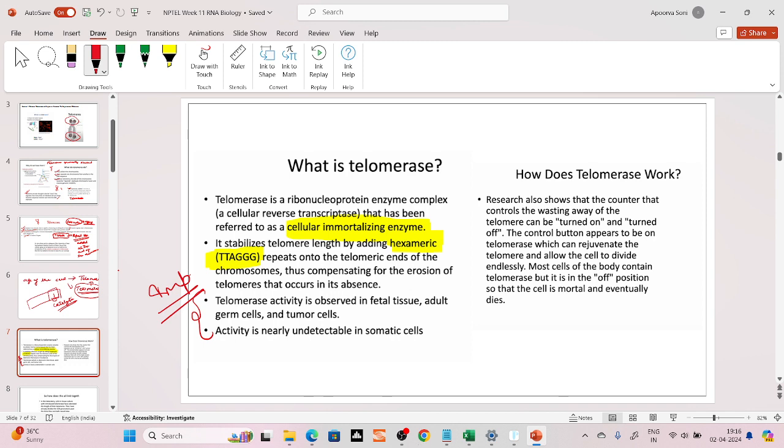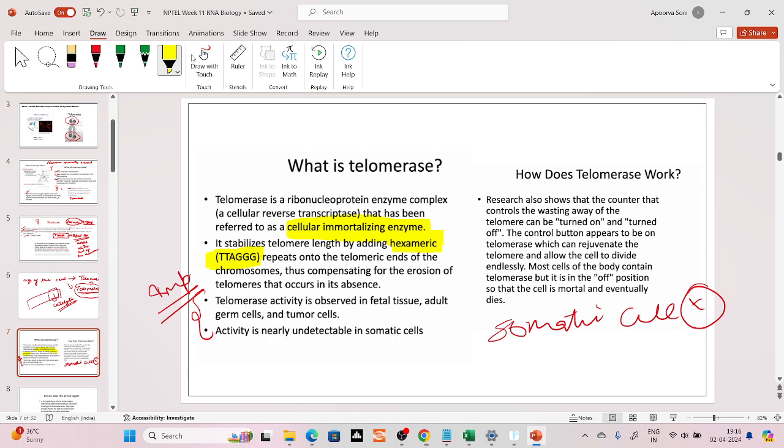Activity of telomerase is not detected in somatic cells, but it is detected in tumor cells and in germ cells. So that is why there is an age up to which a somatic cell can divide. But tumor cells are immortalized. They can divide for an indefinite period of time. Germ cells and stem cells can also divide, and they have telomerase activity that can compensate for the loss of the telomeres.